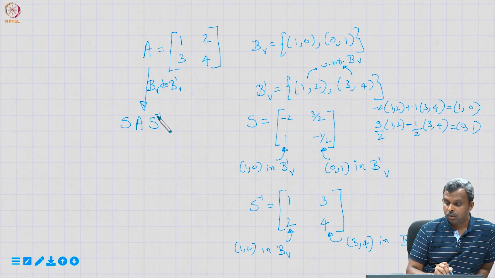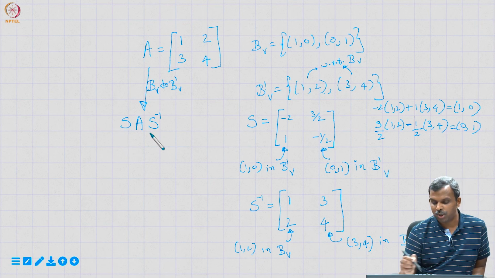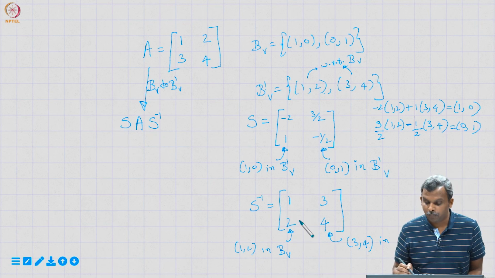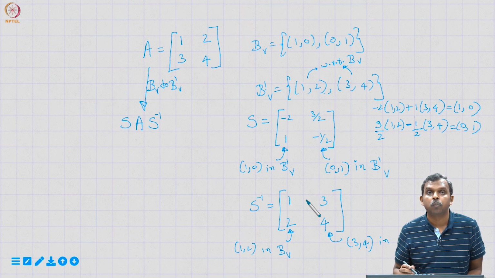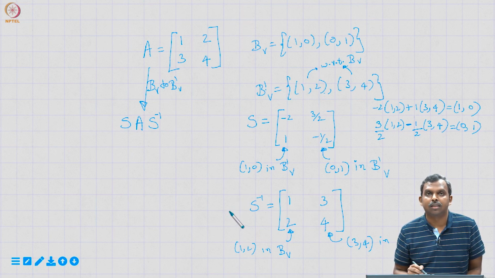S takes you from the standard basis to the new basis, and then S inverse takes you from the new basis to the standard basis. You multiply with your A, you get the answer in the standard basis, and then you go from the standard basis to the new basis. That is S A S inverse. I'm not going to do this product. You can figure it out. So these are the steps that you use to calculate change of basis for linear maps.